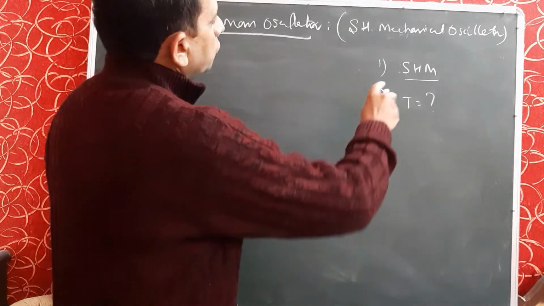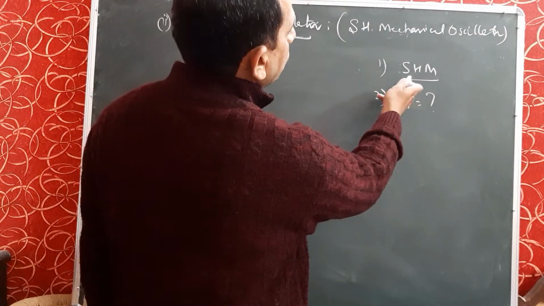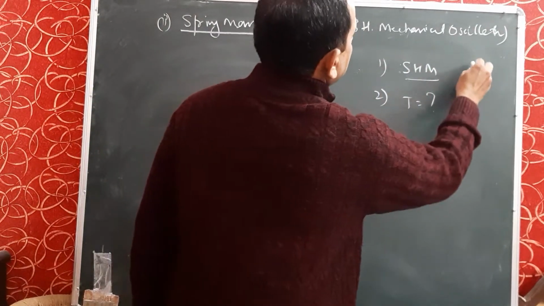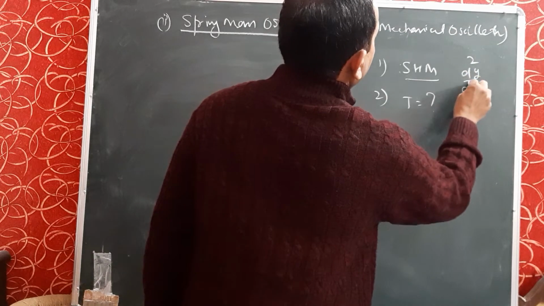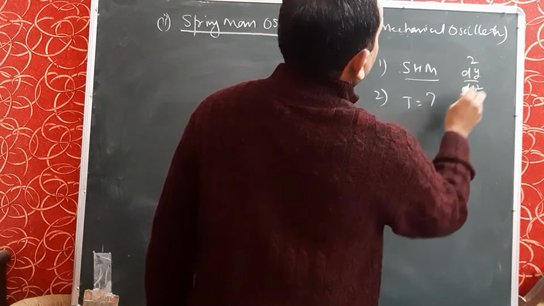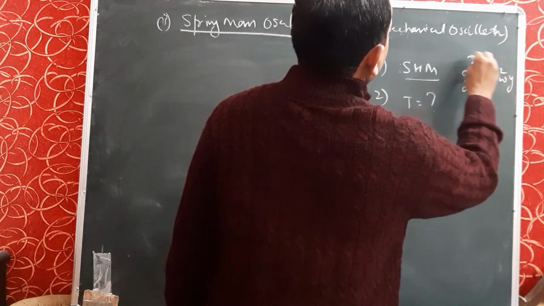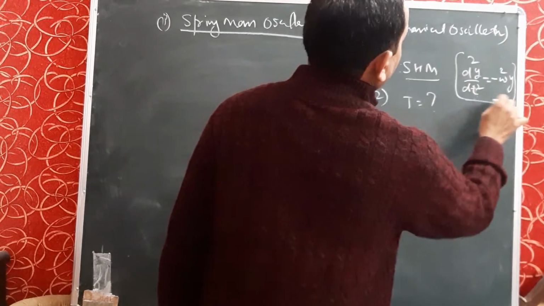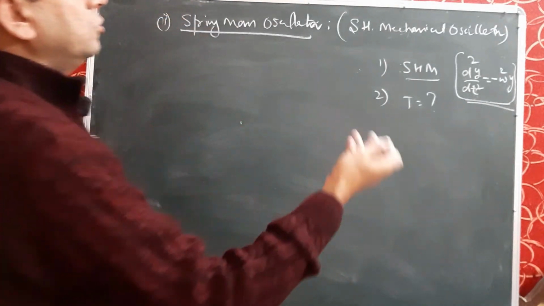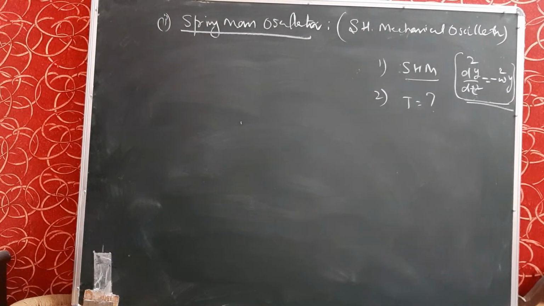So how do we prove that the motion is harmonic? If the equation is like this, d square y upon dt square is equal to minus omega square y, then we can say that the motion is harmonic.